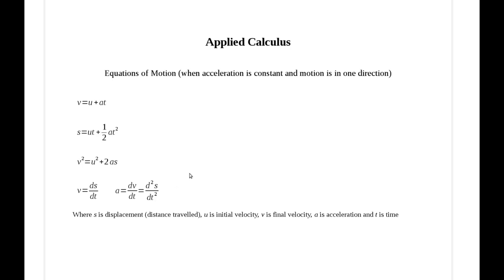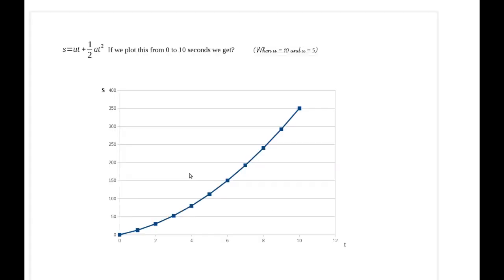Right, so let's have a look at what happens. If I make u equal to 10, so 10 meters per second, and I make the acceleration equal to 5, so 5 meters per second squared, put them into my equation and plot them up to 10 seconds, I get this.